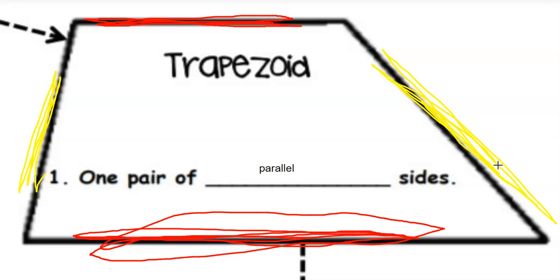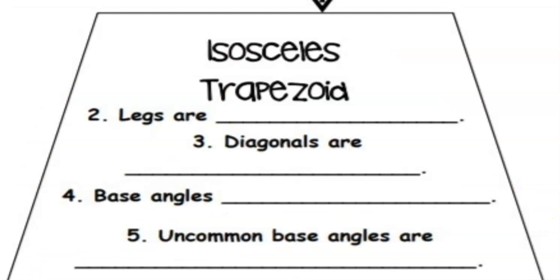Now, there is a special type of trapezoid called an isosceles trapezoid, where the legs are actually, hang on. I'm having trouble getting rid of my draw and zoom. Okay, I figured it out. All right, so the special trapezoid is an isosceles trapezoid. Just like an isosceles triangle, an isosceles trapezoid has congruent legs.